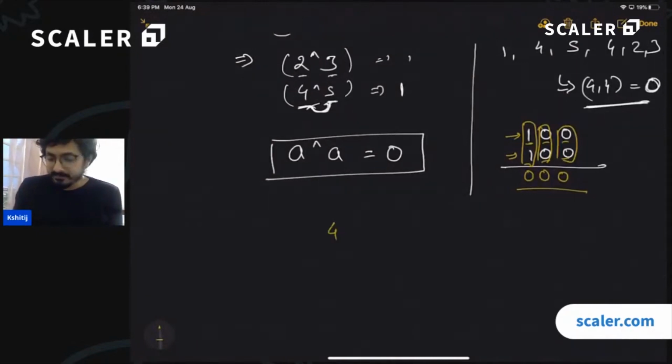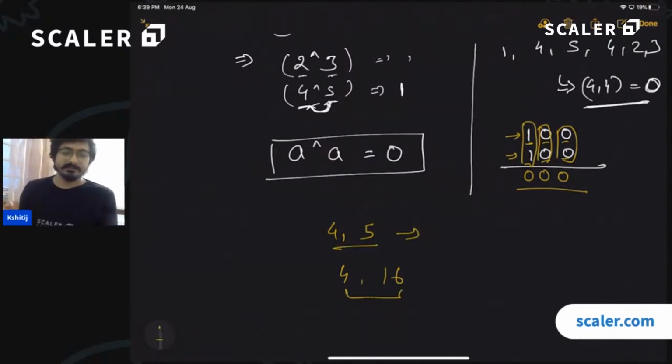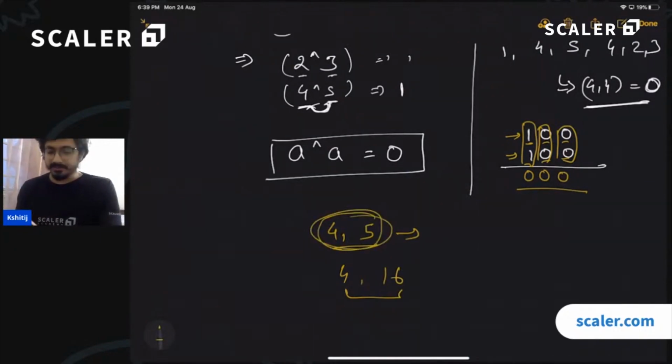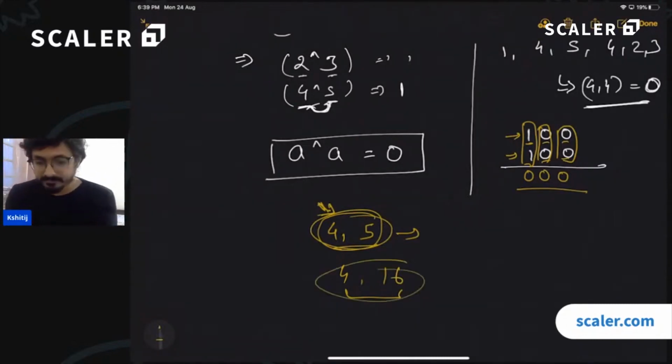For example, if I'm taking XOR of 4 with 5 versus XOR of 4 with, let's say, 16, this pair is going to give me a lesser XOR versus this pair. Does this observation make sense to everyone? Because the chances of finding same bits are going to be more in this case versus this case, right?